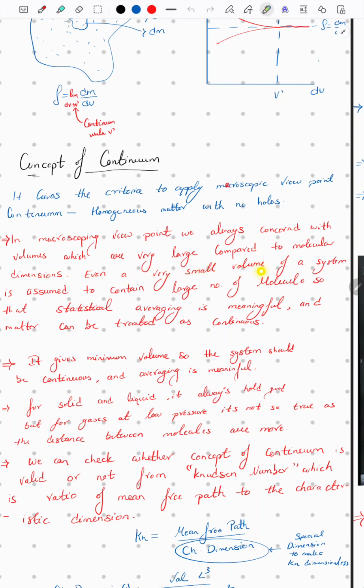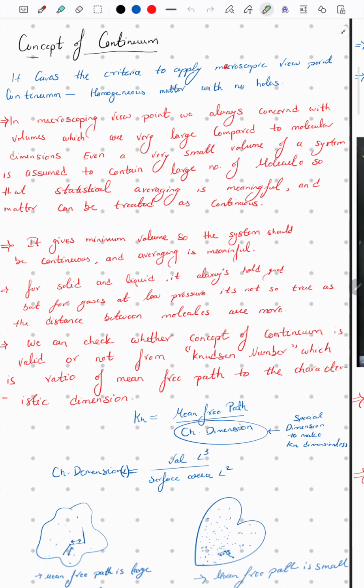Even a very small volume of the system is assumed to contain a large number of molecules, so that statistical averaging is meaningful and matter can be treated as continuous. It gives a minimum volume, so the system should be continuous and averaging is meaningful.